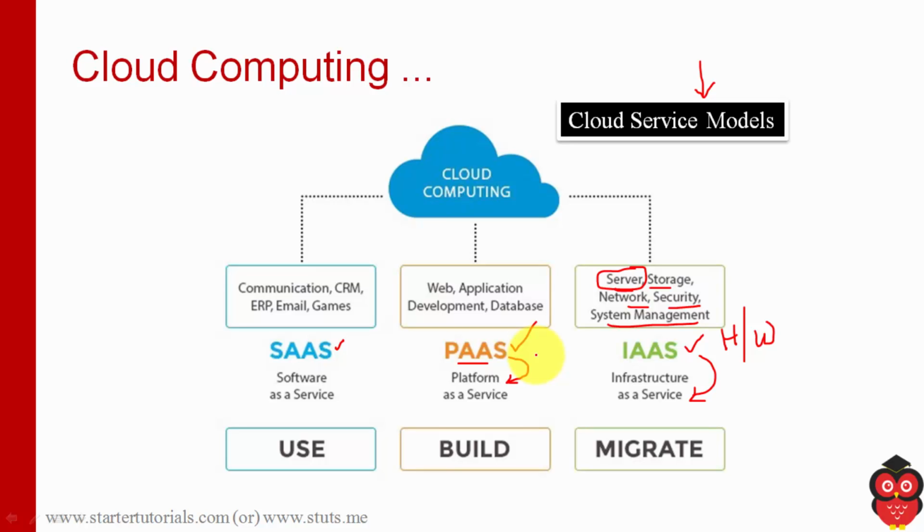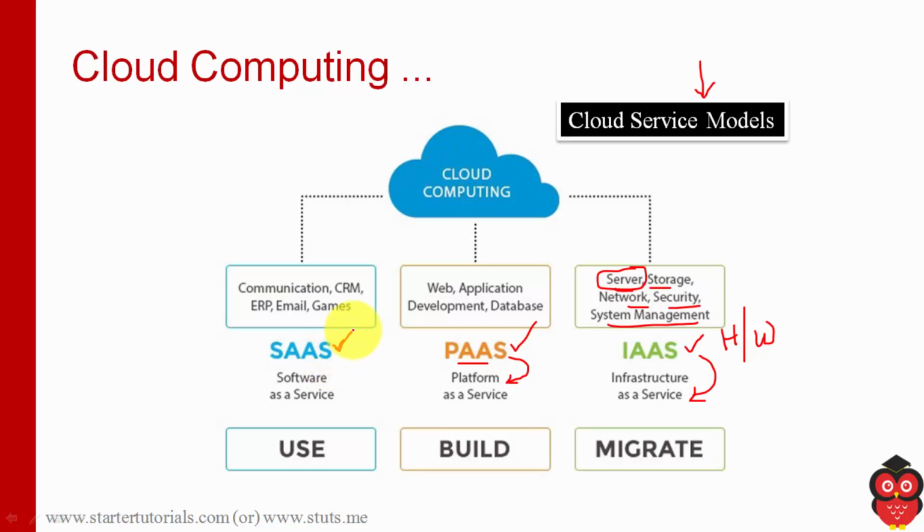For example, they will install Python runtime or Java runtime or any other language runtime and provide that as a platform. So as a Java developer, I will purchase a PaaS service which provides Java runtime for me. Once I purchase the Java runtime service, I can develop my own applications using Java. So that is the use of PaaS.